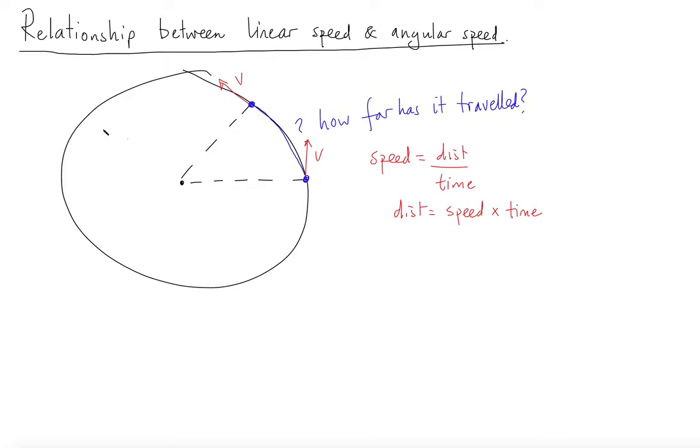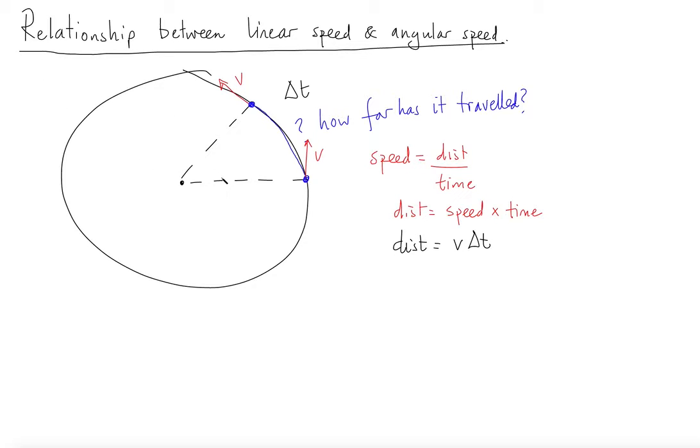So over this time, let's say it's taken a time delta t to travel this distance. So therefore, the distance in terms of the linear speed is v delta t.